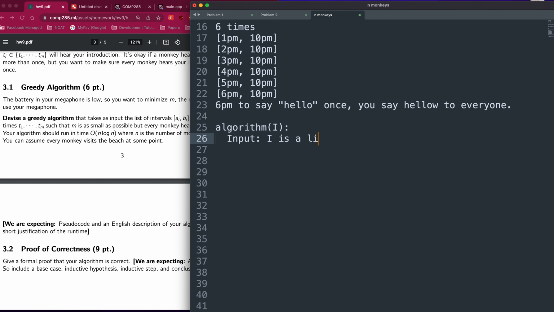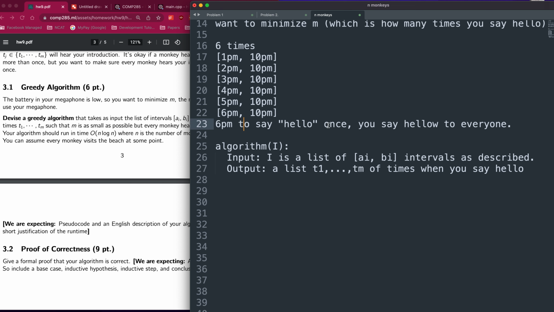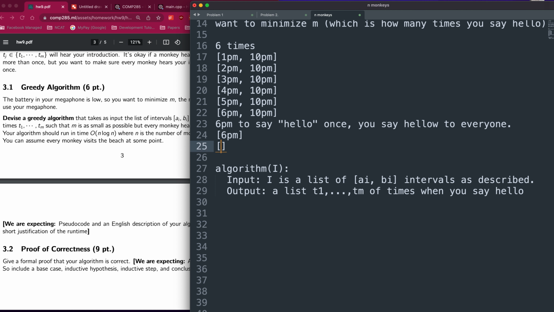So I is a list of (a_i, b_i) intervals as described, and your output is going to be a list T1 ... Tm of times when you say hello, right? So for this example here, our output would just be the list that says, hey, I say hello at 6 p.m., or I say hello at 7 p.m., or whatever, okay?